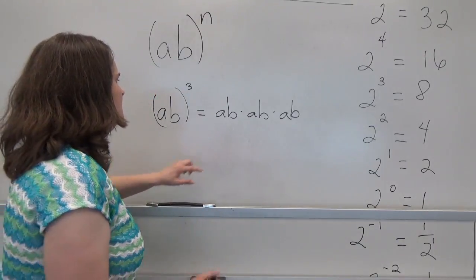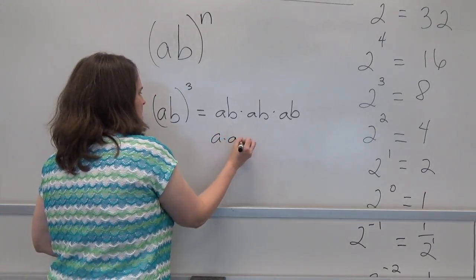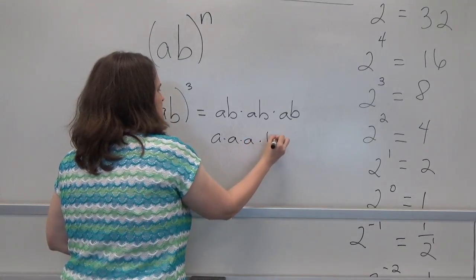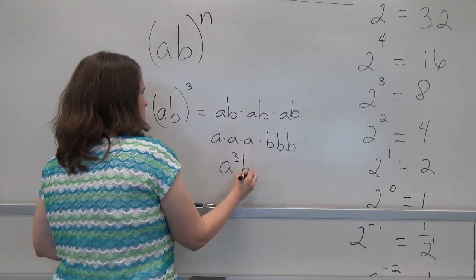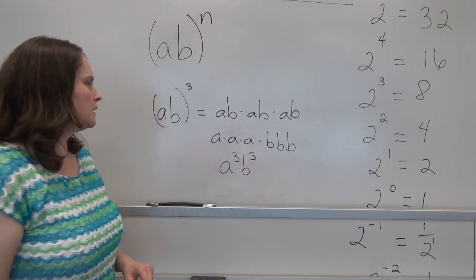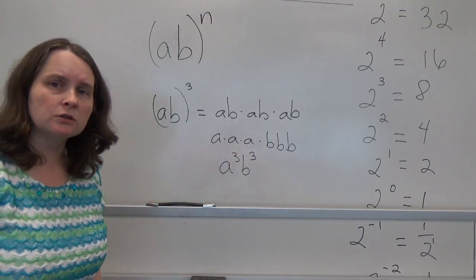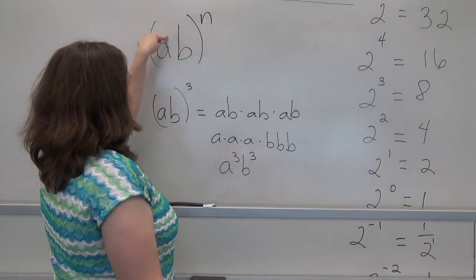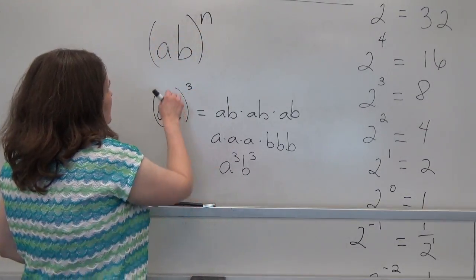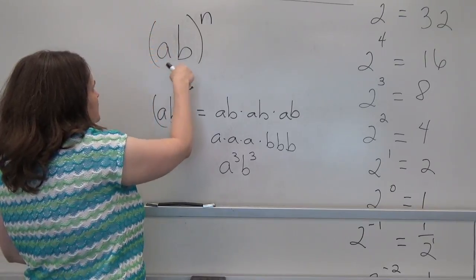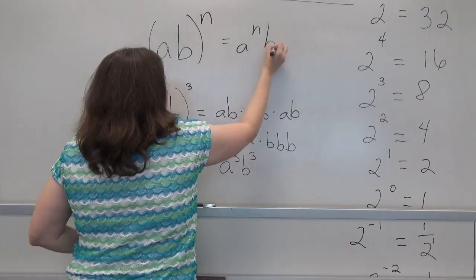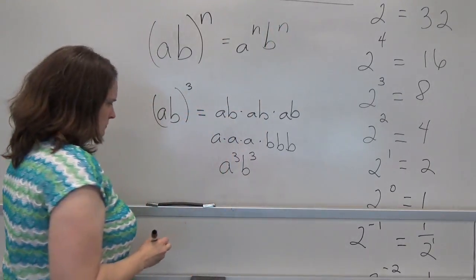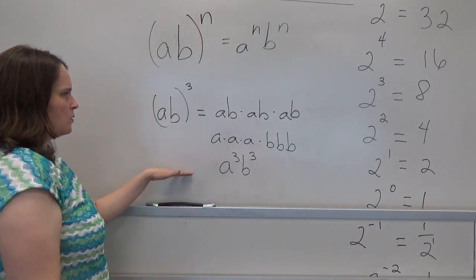So we can write this as A times A times A times B times B times B, which is simply A to the 3rd times B to the 3rd. And that's what this property tells me that I can do. I can bring that exponent into each individual factor. So A times B in parentheses to the nth power becomes A to the n times B to the n power. So that's my rule, and that's why it works.